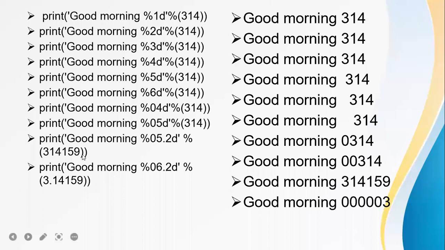So 3, 1, 4, 1, 5, 9. So 0, 0.05.2. Last one, let me take 6. So totally 3 plus 3, 6 elements. I want 0 to be added for 6 elements. So 3, 6. Then point 2. This is how it will be converted. This is the conversion ratios of decimals in a format. Clear?